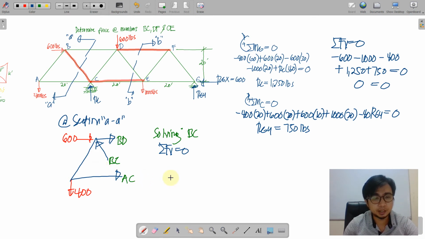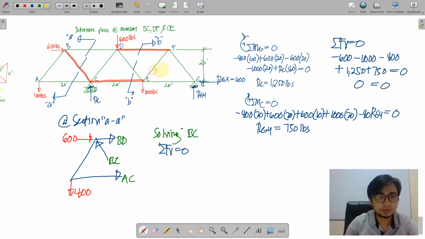So by this we can say that BC shall involve its components. When we talk of components, we need to determine the slope of our inclined member like BC. As we can see here in the truss, there are similar slopes for these diagonal members. So all we have to do is to name the horizontal and vertical forces here.